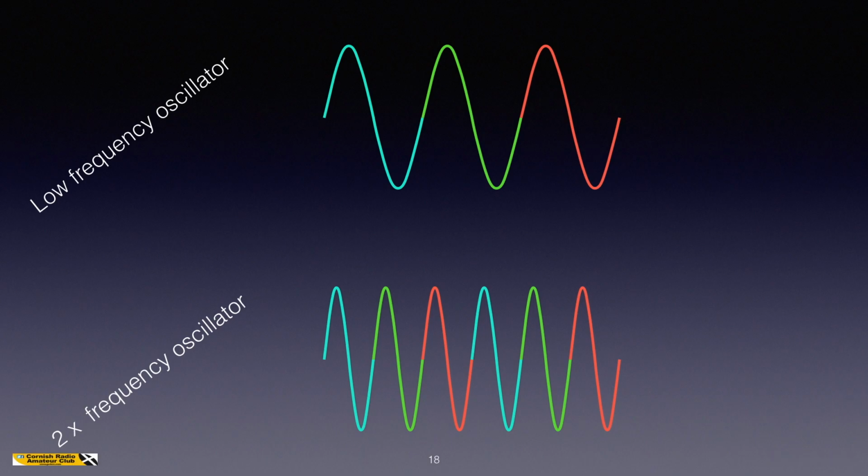And you can see then, for one wavelength, one lambda of the low frequency oscillator, we had 2 lambda, or 2 wavelengths, or 2 complete cycles on the floor from the double speed oscillator. So you can see that the wavelength is linked to the frequency.